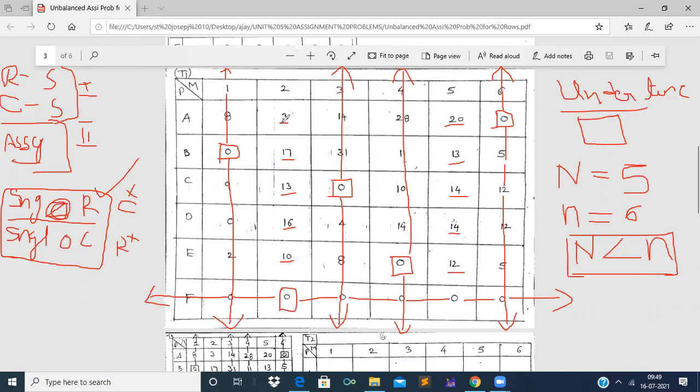So out of all these uncovered elements, the minimum element is 3. The minimum element of all uncovered elements, right, is 3. So what we have to do with this 3, right? So Hungarian method states that we have to subtract this 3 from all uncovered elements.